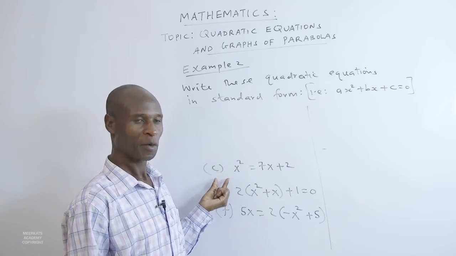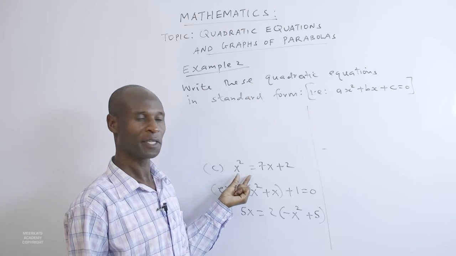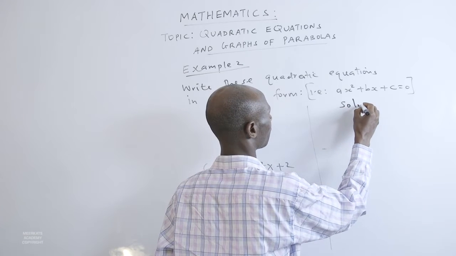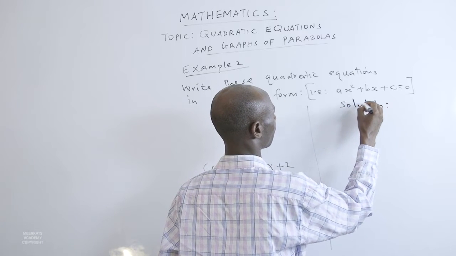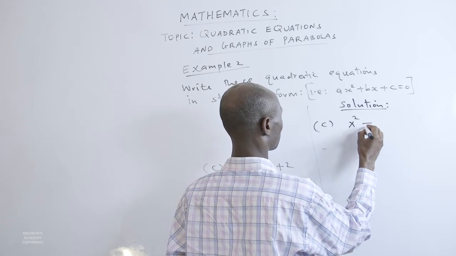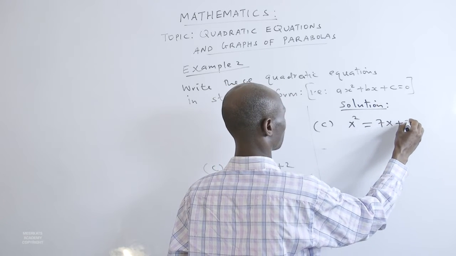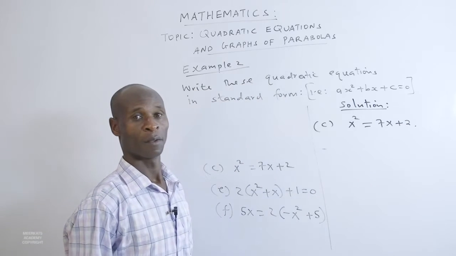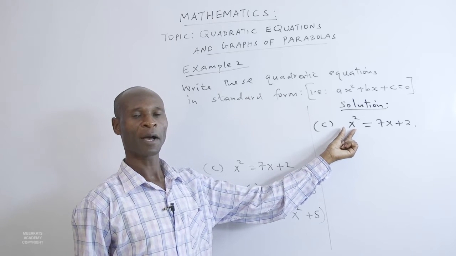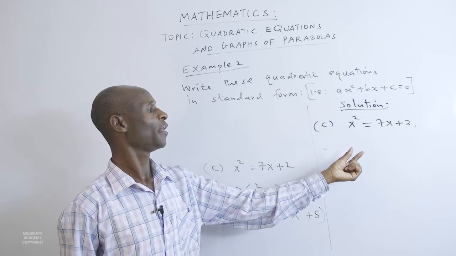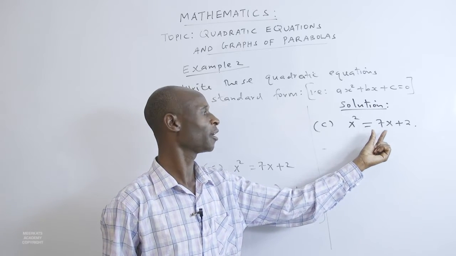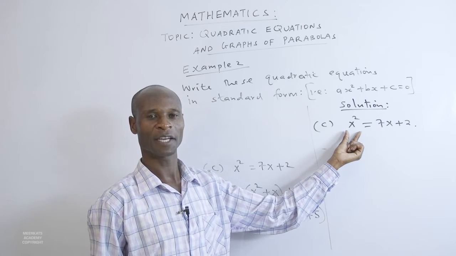Try part C, where the equation is x squared is equal to 7x plus 2. In part C, the quadratic term is on the left-hand side.